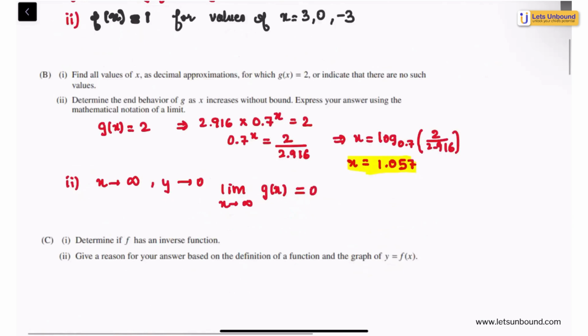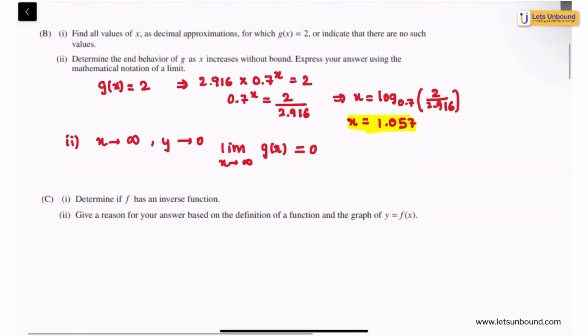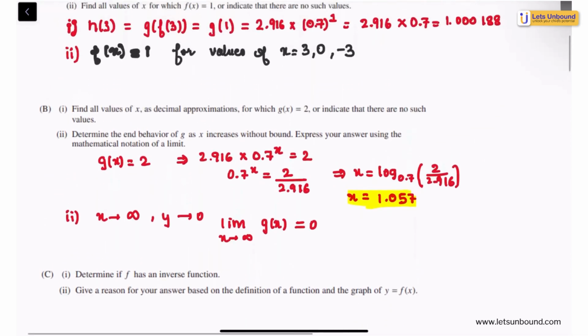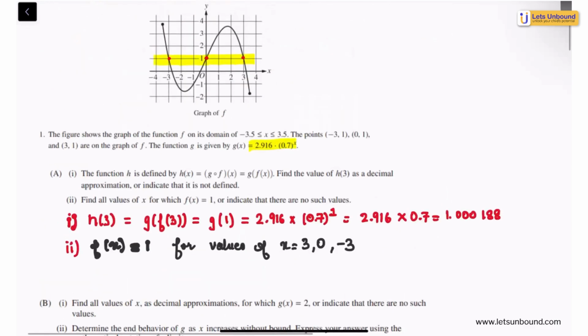Going ahead, it asks us if we think f has an inverse function, and we have to give our reason based on the definition of a function and the graph of y equal to f(x). Now, to check whether a function has an inverse function or not, we use the horizontal line test. The line that we drew at 1 very clearly indicates that this graph f(x) fails the horizontal line test.